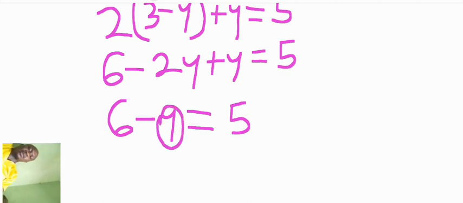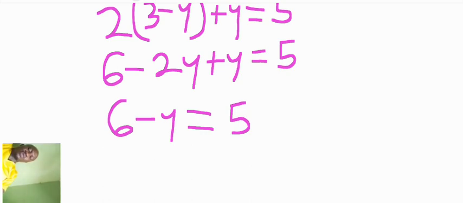y. So what do we do to isolate this 6 from the left hand side? Clearly, if you subtract 6 from this 6, we are going to get negative y at the left hand side, because 6 minus 6 is equal to 0.